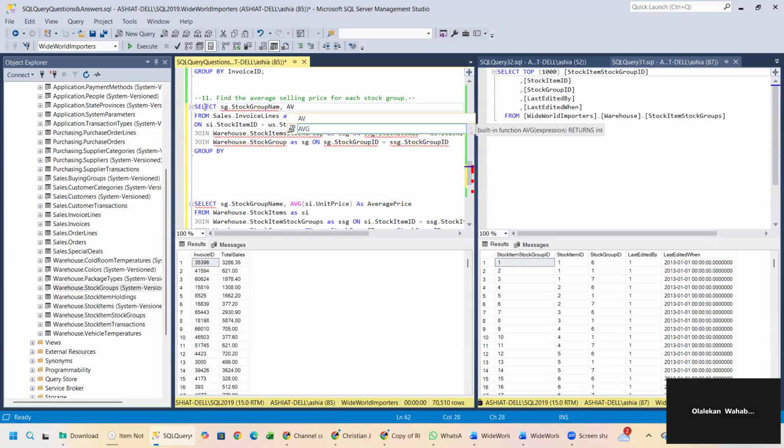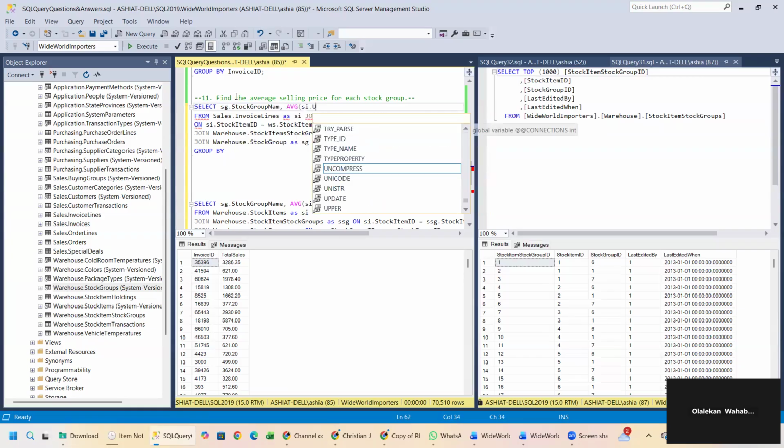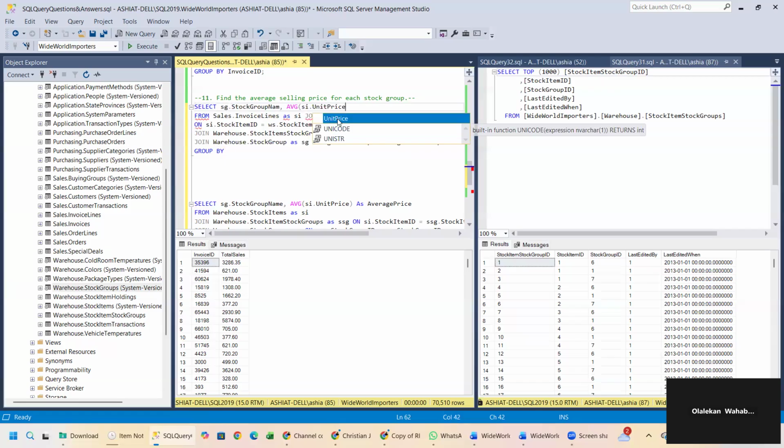And we are calculating the average. The unit price is from the invoice line, so we say C.unit price. There's no unit price in invoice... invoice line, there is. Okay, I think this is it. As average price.